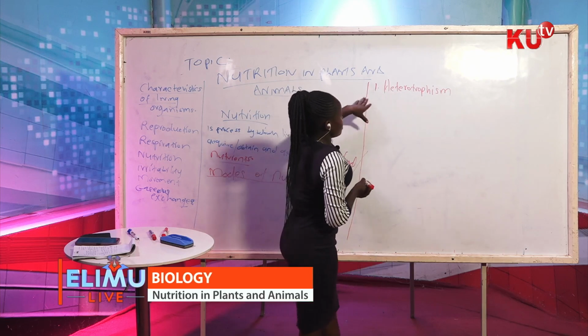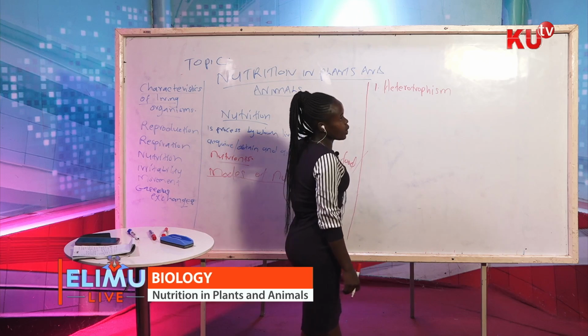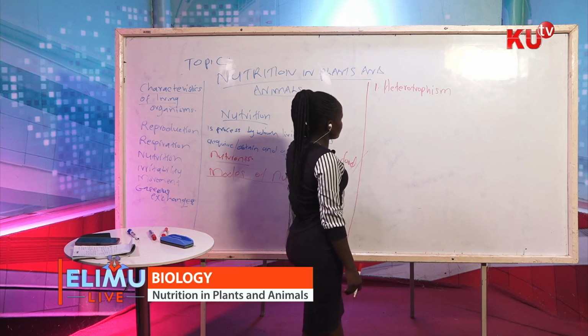So this is the first type of nutrition called heterotrophism.